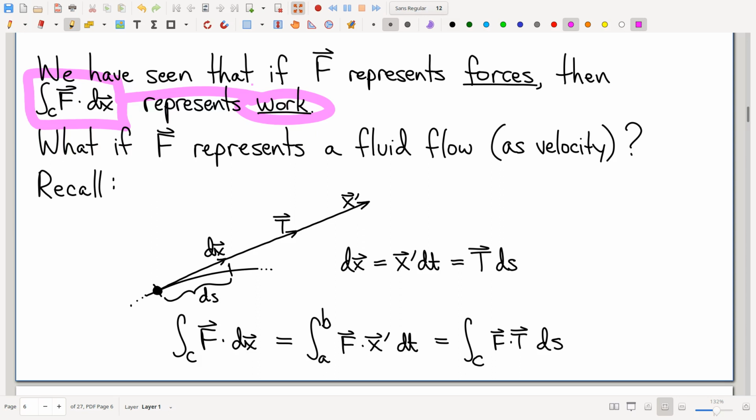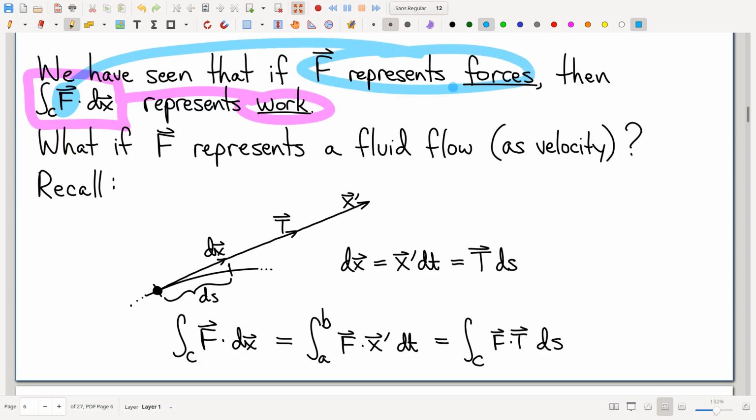But now, to be more precise, it helps us compute work when the vector field integrand is forces. Just don't forget where this vector line integral comes from. This is work because work is force dot displacement. The integrand's got to be force for this to be work.